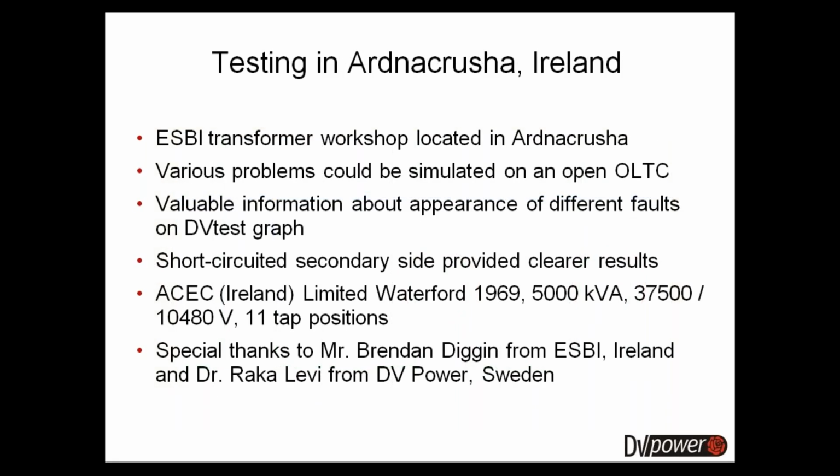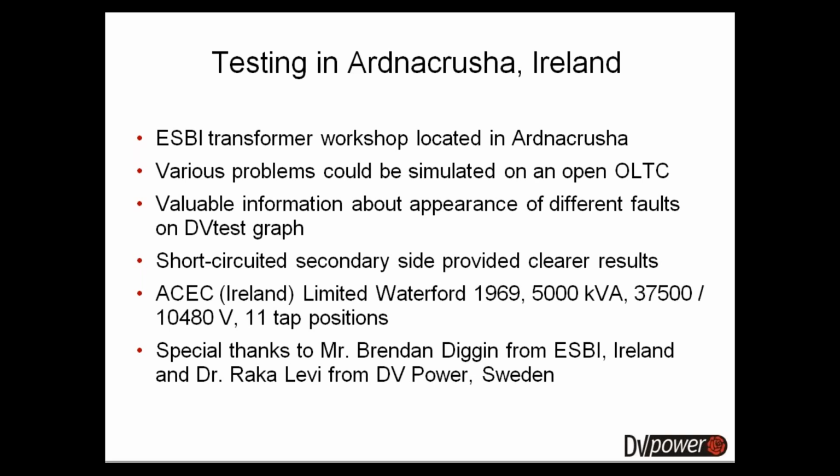Now, here is an example where a lot of different problems from the DVTest and a lot of different tap changer issues can be simulated and shown on the graphs in order to determine what exactly type of problem is visible and present on a tap changer.